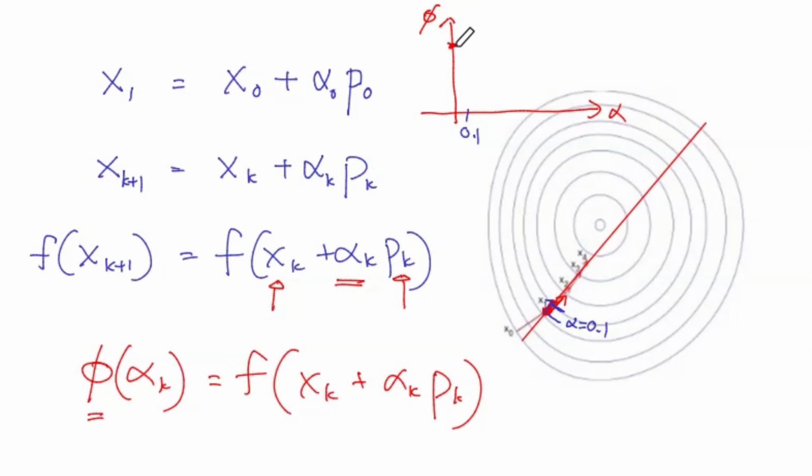Plug this point in and you get a smaller cost function. If we increase alpha a bit to 0.2, we are closer to the local minimizer, so the value of f, or phi, should be lower, right?